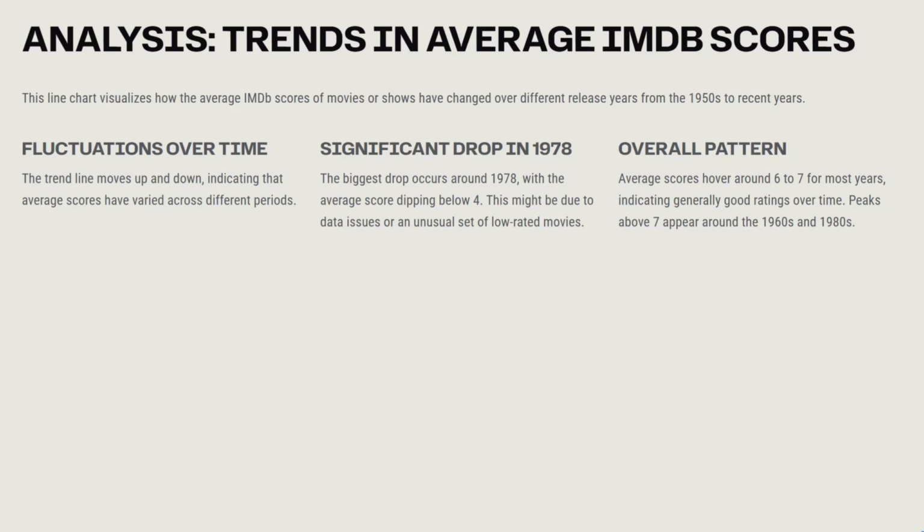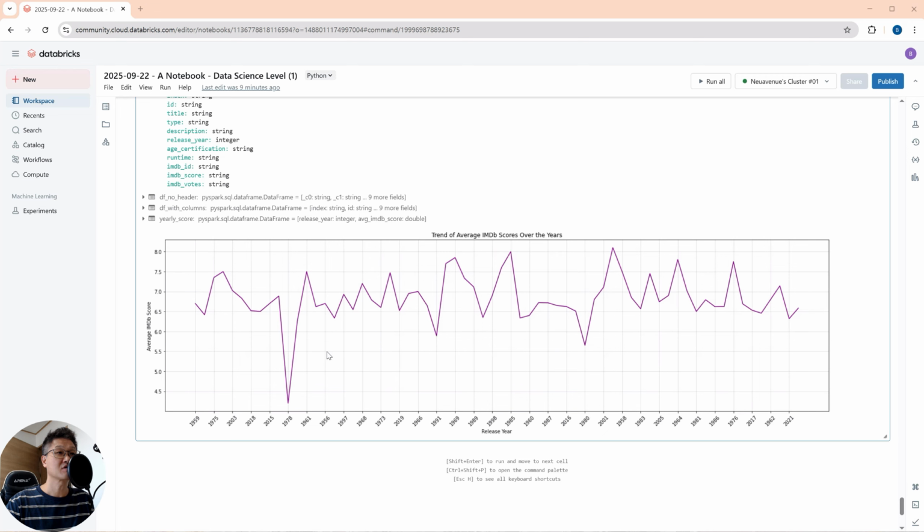This might be due to data issues or perhaps an unusual set of low-rated movies from the time. Third is overall pattern. The average scores hover around 6 to 7 for most years, indicating generally good ratings over time. There are periods where scores peak high over 7, especially around 1960 and 1980.